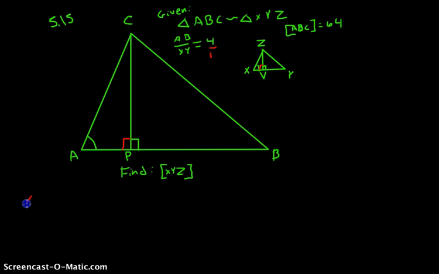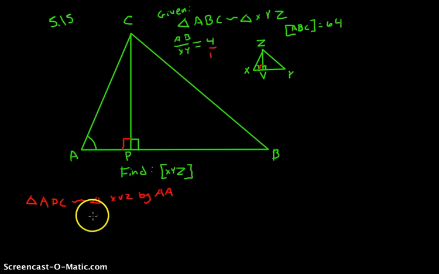Just by doing that, you prove triangle APC is similar to triangle XVZ by angle similarity.